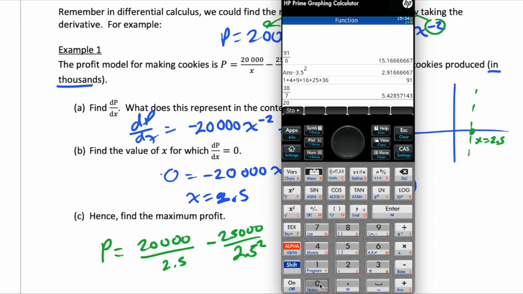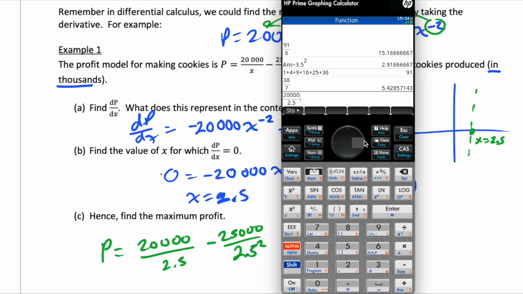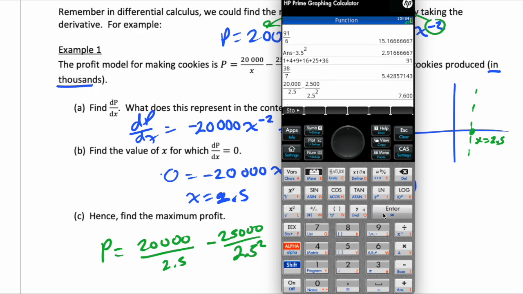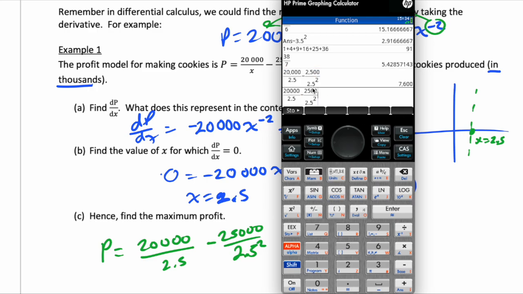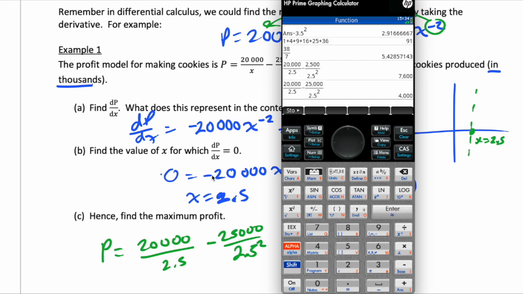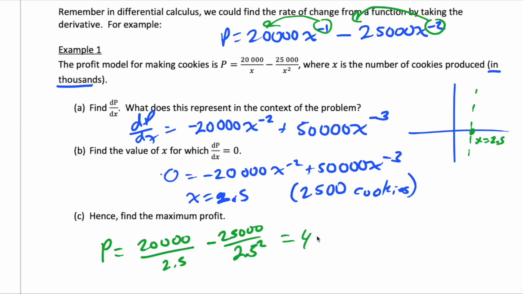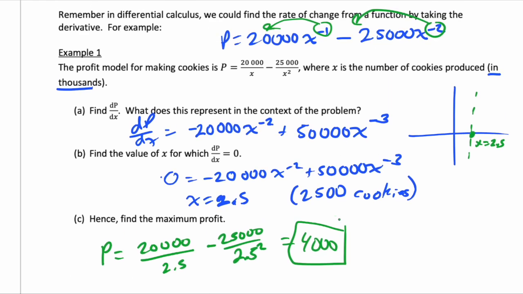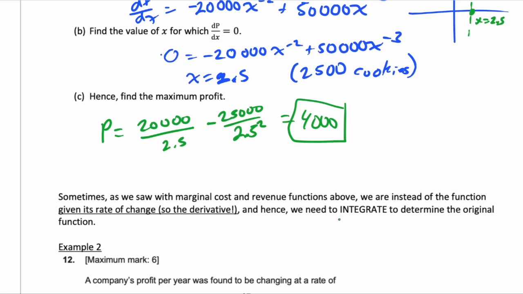So we have 20,000 divided by 2.5 minus 25,000 divided by 2.5 squared. Okay, we get, did I do that right? No, I made a typo here. That should be 25,000, and that gives us 4,000. Okay, that's 4,000. I guess assume it's dollars in this case. So that's how we work with that profit one here.